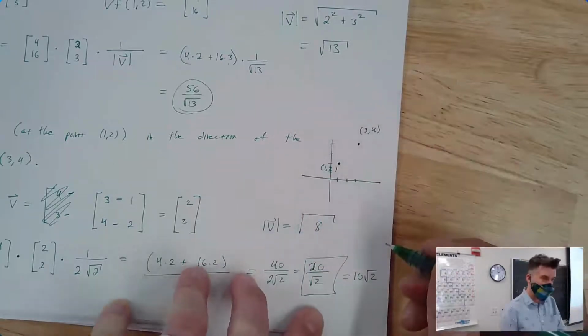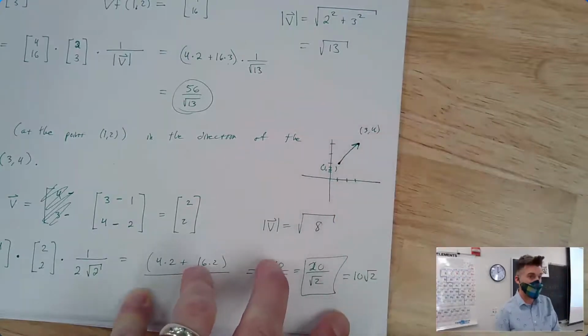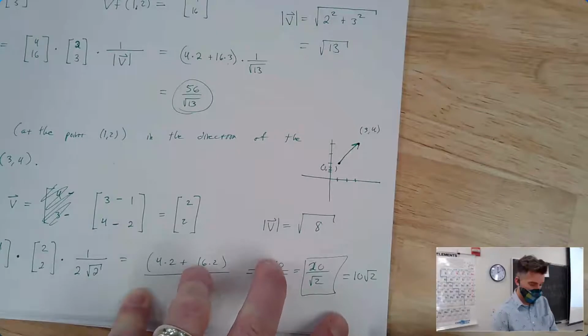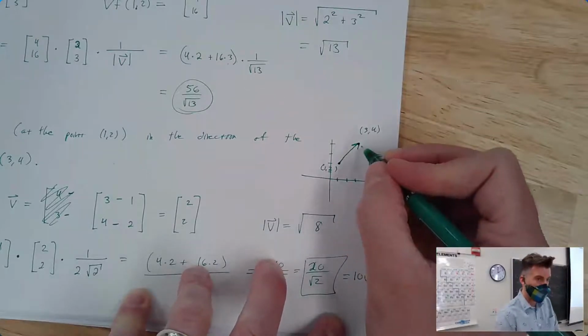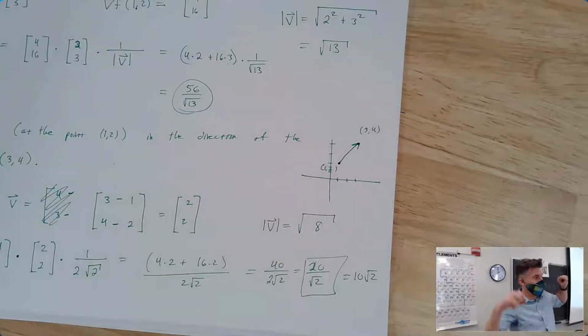And so the vector that gets you from the starting point to the ending point is the vector 2, 2, because we have to go over 2 and up 2. So whenever you're given points to find the vector from the starting point to the ending point, you take your end point and you subtract off the beginning point.